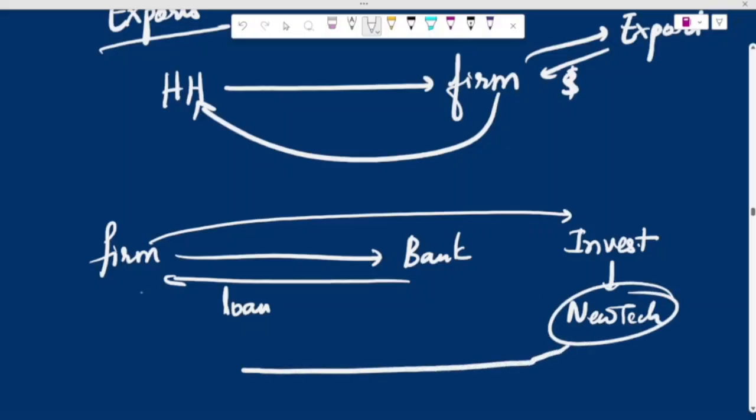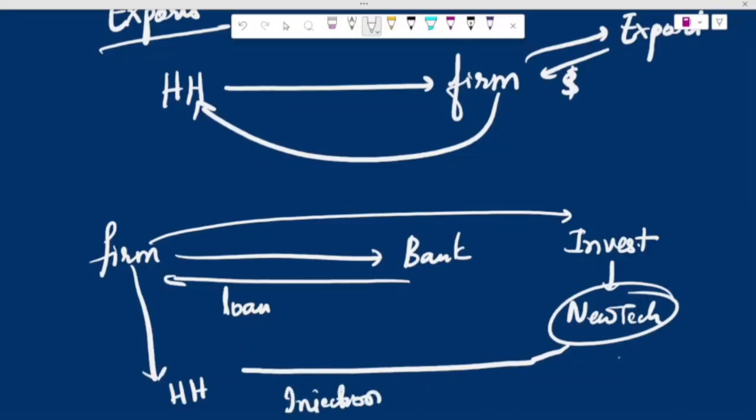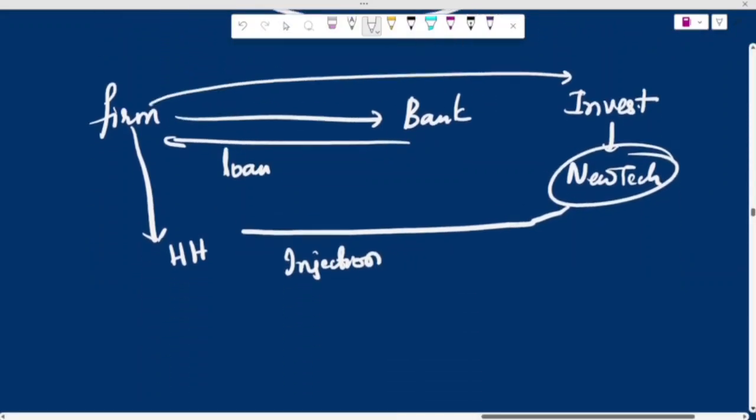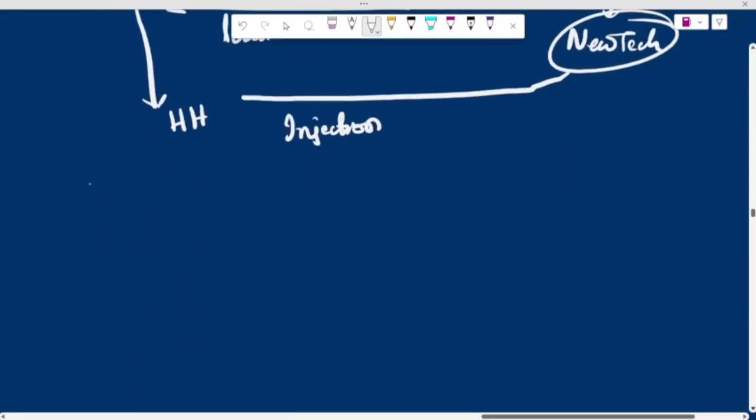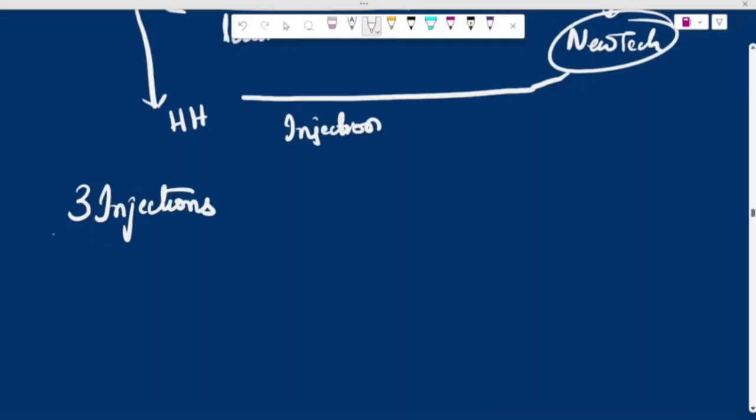Right. So there are three injections and three leakages in the economy. So the three injections are, first, investment by taking money from the bank, investment into technology or investing to get better social capital by training the people or labor who are there.